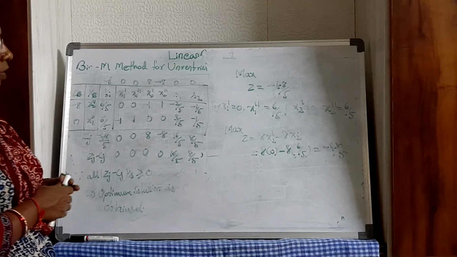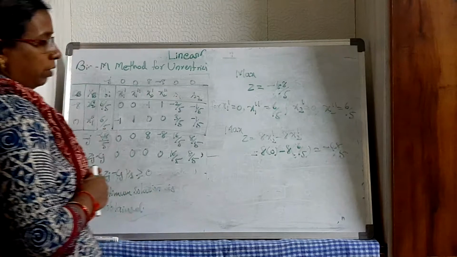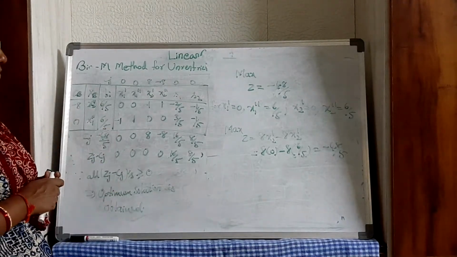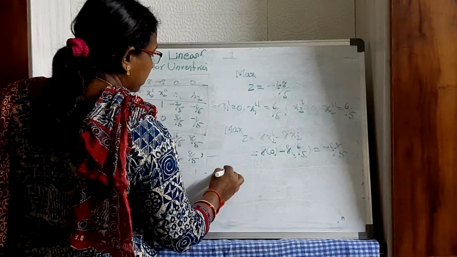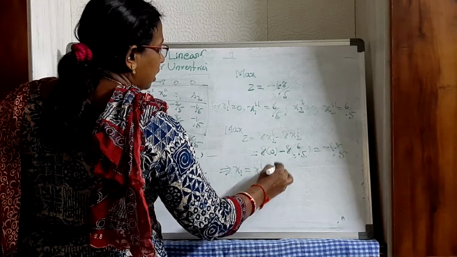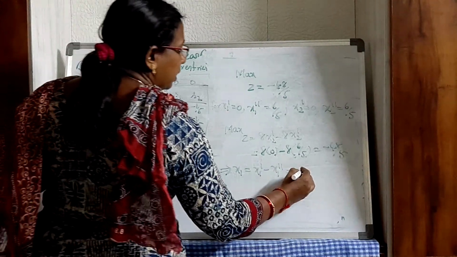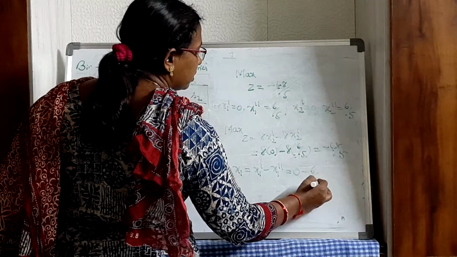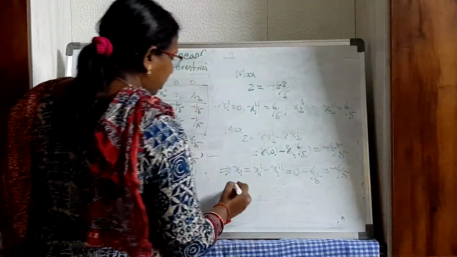Okay. Now we got x1 dash, x1 double dash, x2 dash and x2 double dash, but we want x1 and x2. So here it implies x1 is equals to x1 dash minus x1 double dash. So x1 dash is 0, x1 double dash is 6 by 5. So x1 I am getting minus 6 by 5.